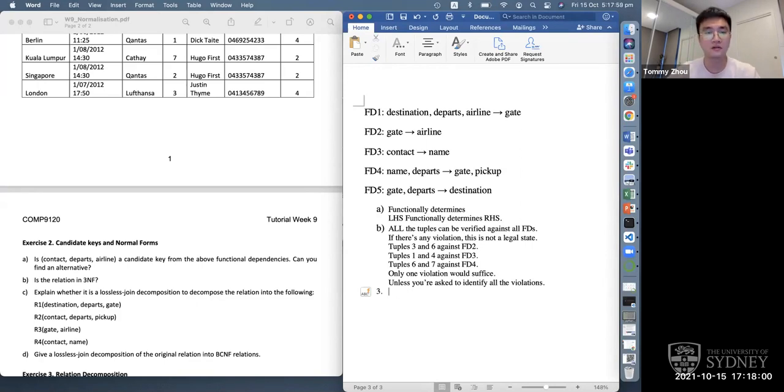Okay, so how could we determine a combination of attributes is a candidate key? How do we do that?